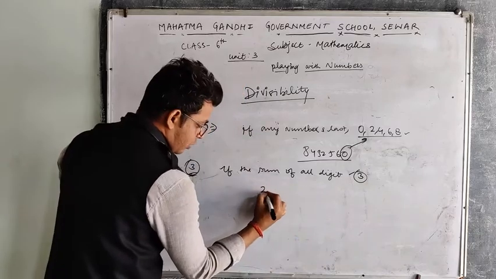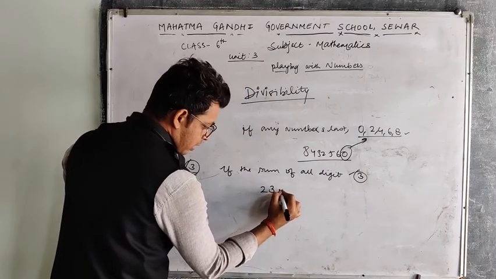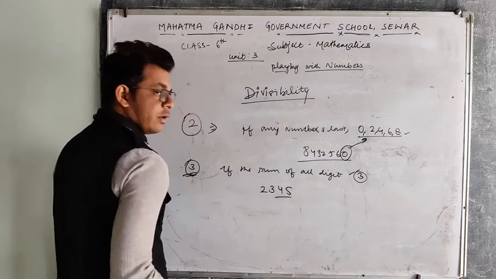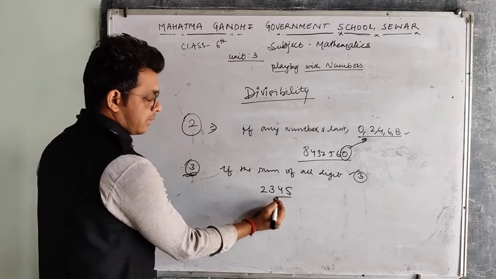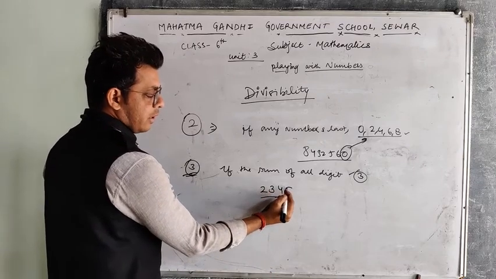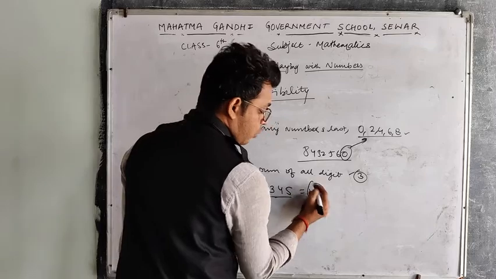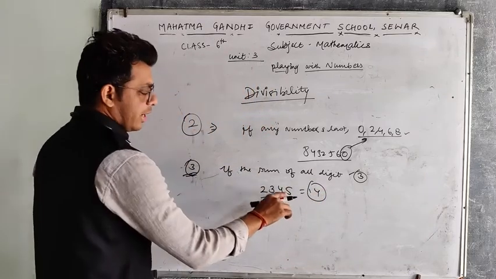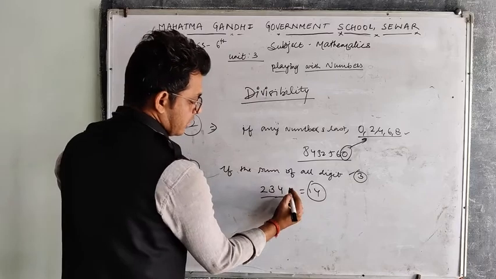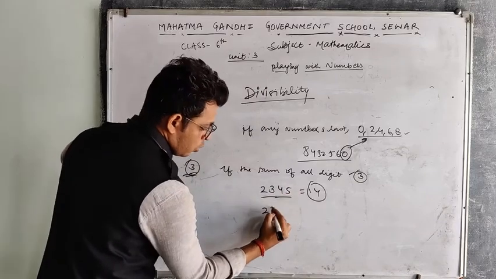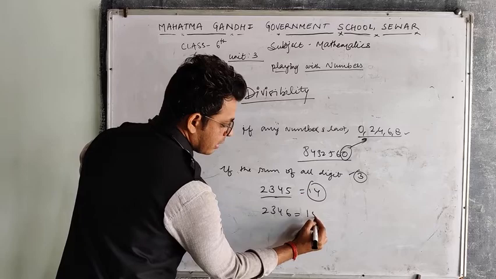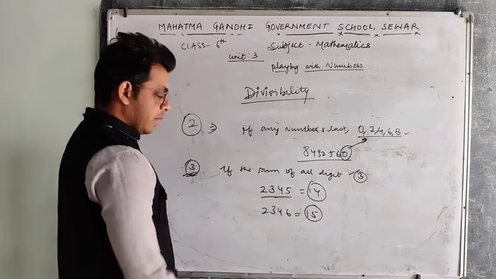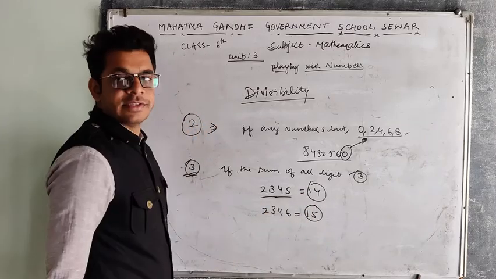If I write 2, 6, 3, 5 and 4, now let's sum them. 2 and 3, 5 and this is 14. So 14 is not a multiple of 3. If I change this number to 6, 2, 3, 4, 6, now the sum is 15. It means this number is divisible by 3.